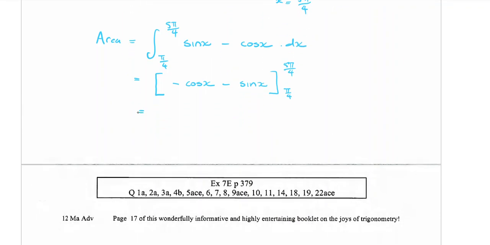All right, and sub in so we can put it in our calculators. Minus cos of 5 pi on 4 minus sine of 5 pi on 4. Then we subtract, subbing in minus cos of pi on 4 minus sine of pi on 4.